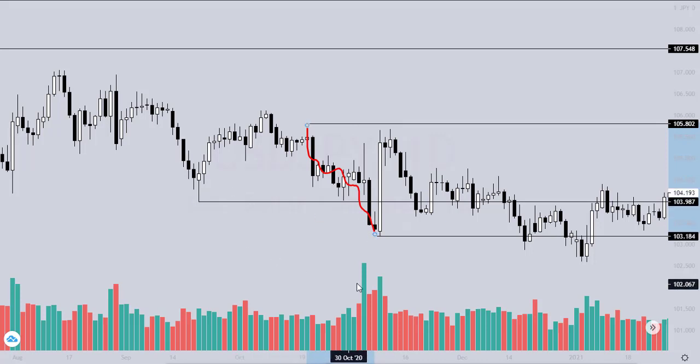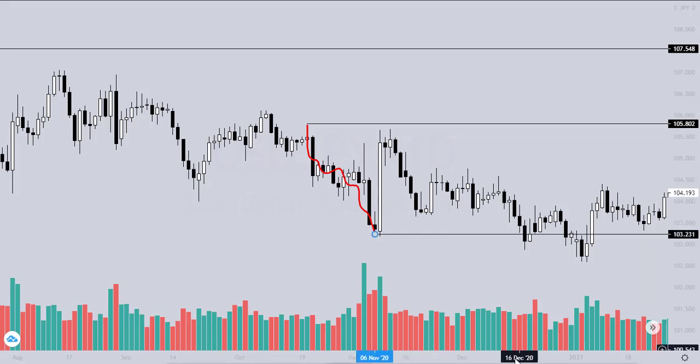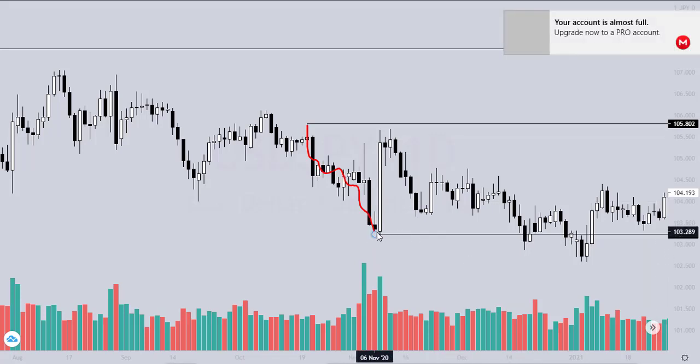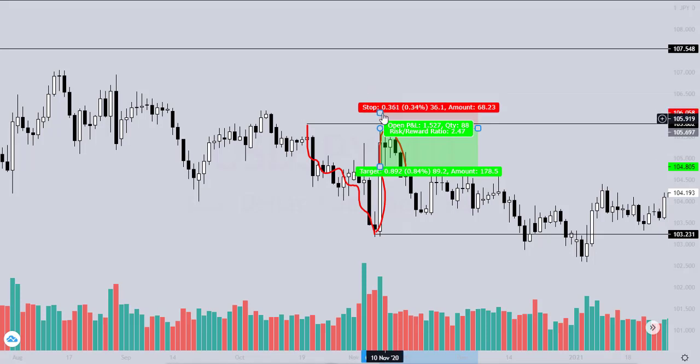So I'm waiting for price to come back to my level of interest, right there. And what I'm gonna do, I'm gonna sell from this level.